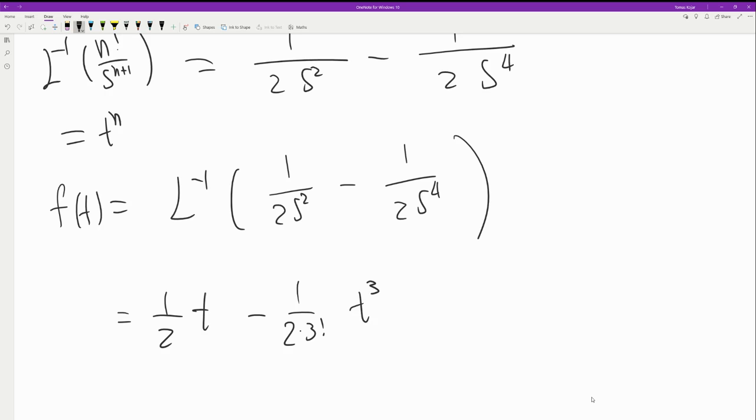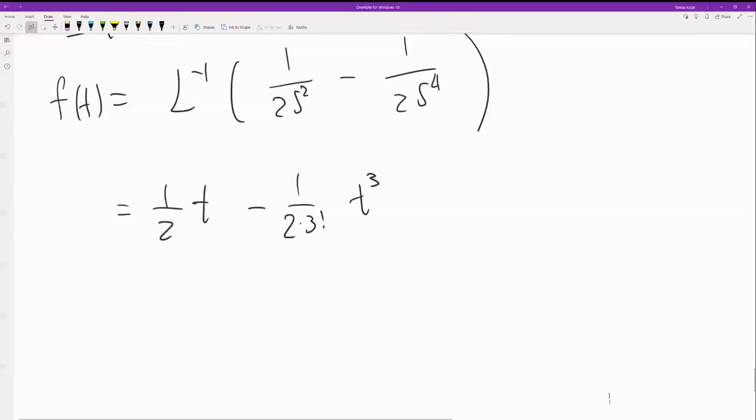So t to the 3. And that's the answer. Okay, so that's it for convolution.